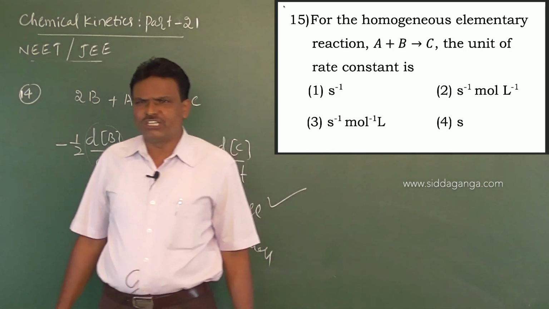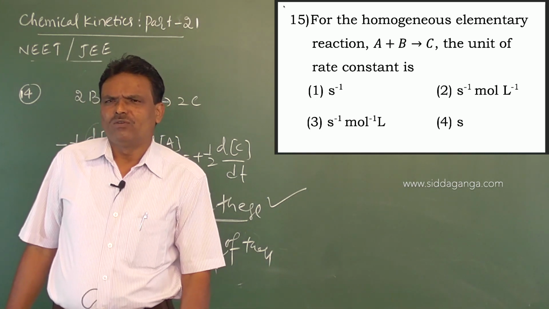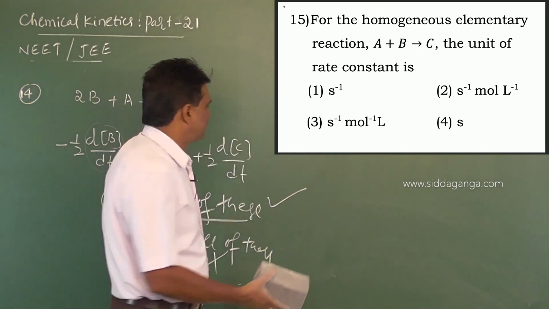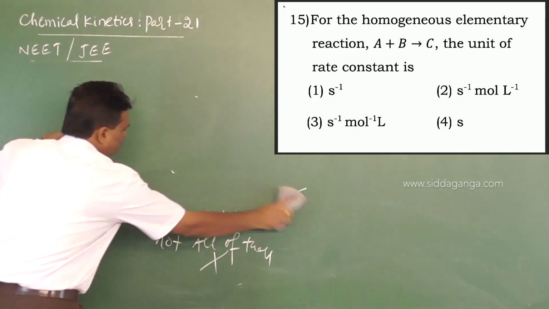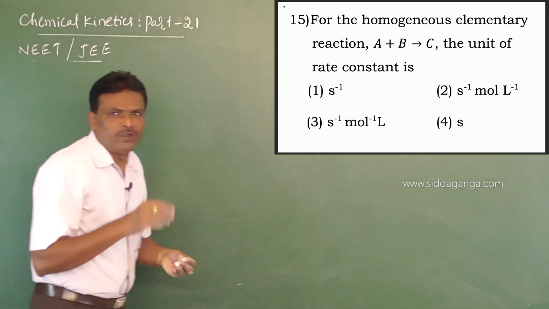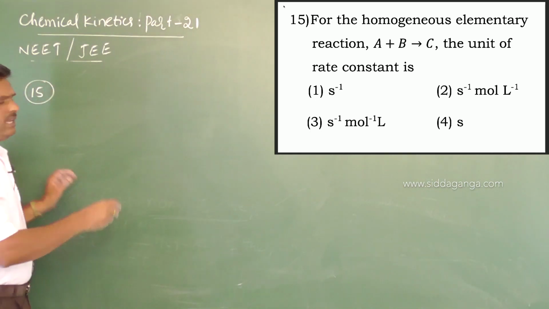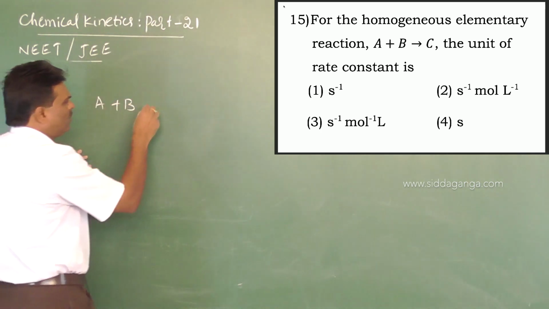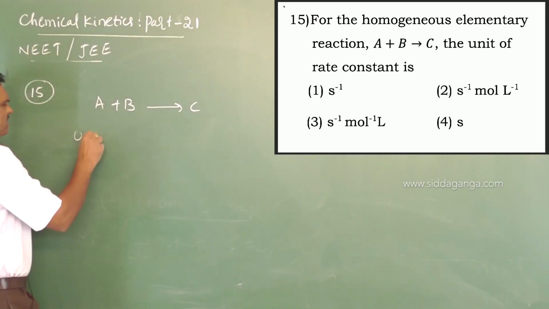For the homogeneous elementary reaction A plus B will give rise to C, the unit of rate constant is? Question number 15. A plus B will give rise to C. Unit of rate constant.